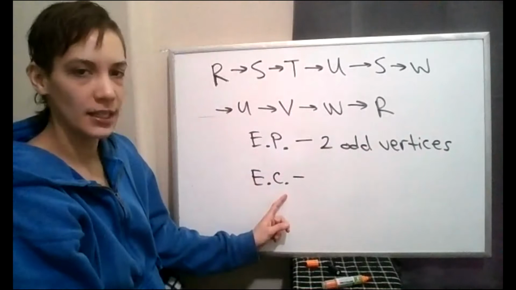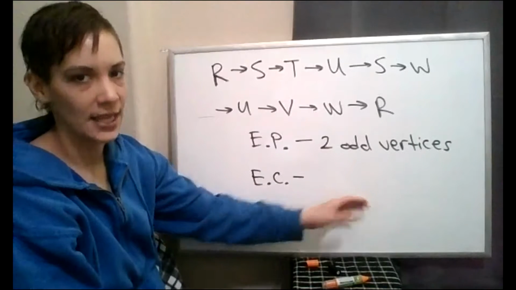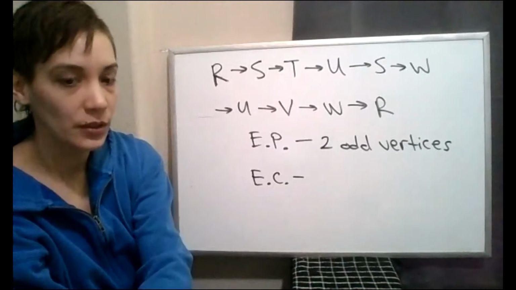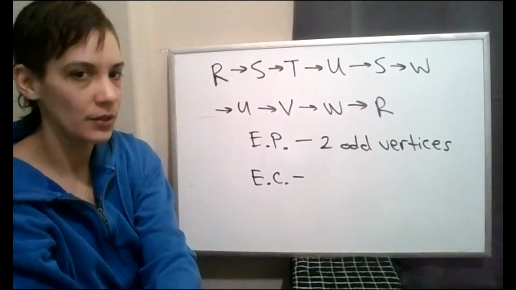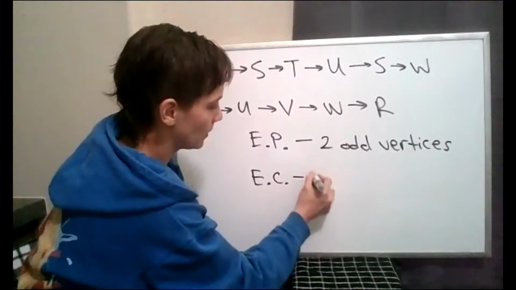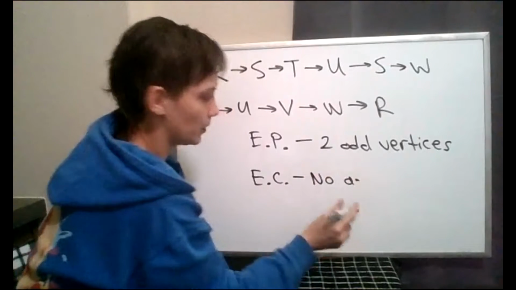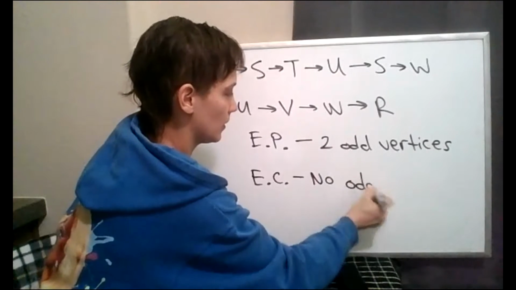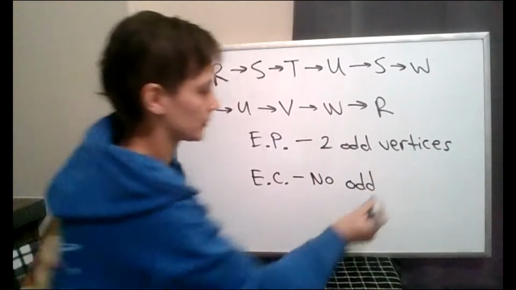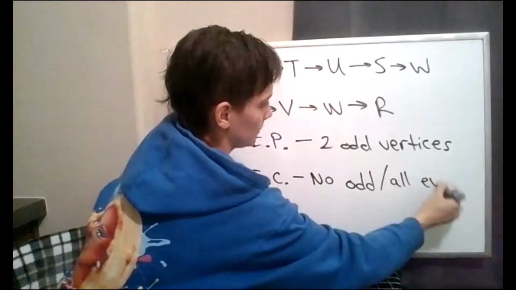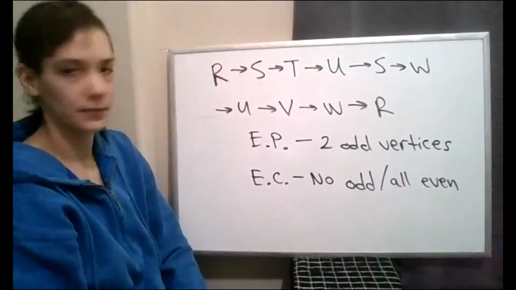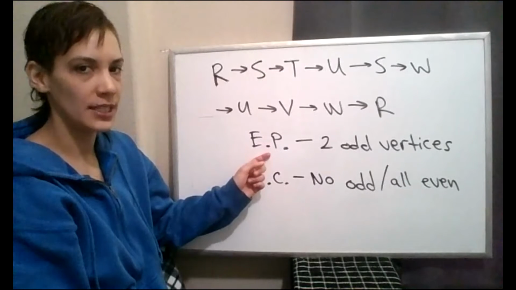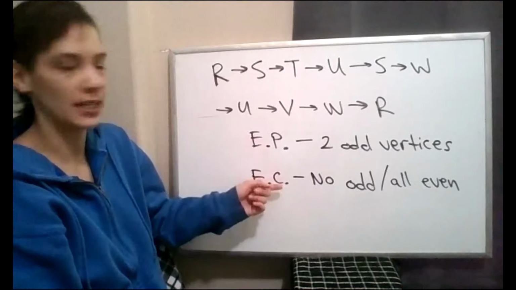For an Euler circuit, you check the degree of all of the vertices, and if everything is even, or if there's no odds, then you know that somewhere in your graph you can find an Euler circuit. And so if you find more than 2 odd vertices, you can't have an Euler path, which means you also can't have an Euler circuit.